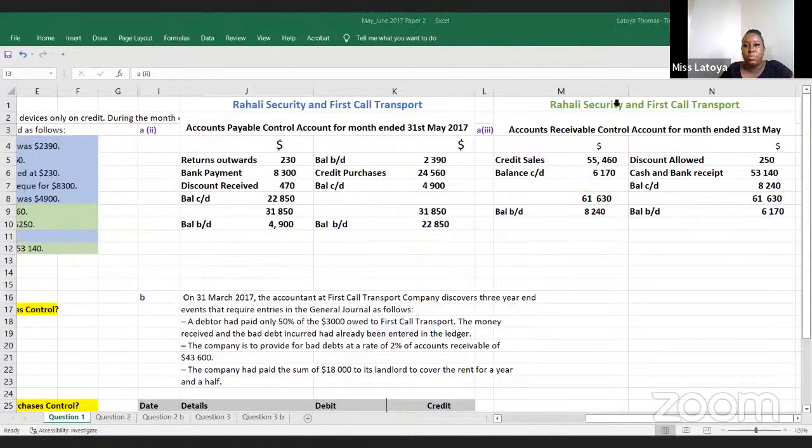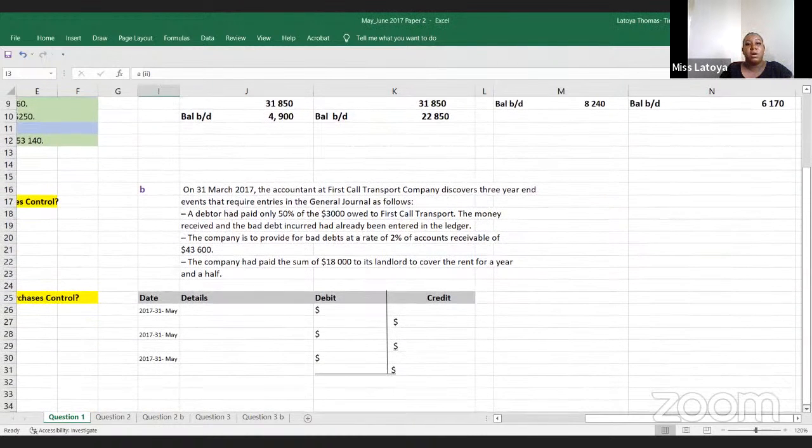Part B of question 1 reads, on the 31st of March, 2017, the accountant at First Call Transport Company discovers 3 year-end events that require entries in the general journal as follows. A debtor had paid only 50% of the $3,000 owed to First Call Transport. The money received and the bad debt incurred had already been entered in the ledger.